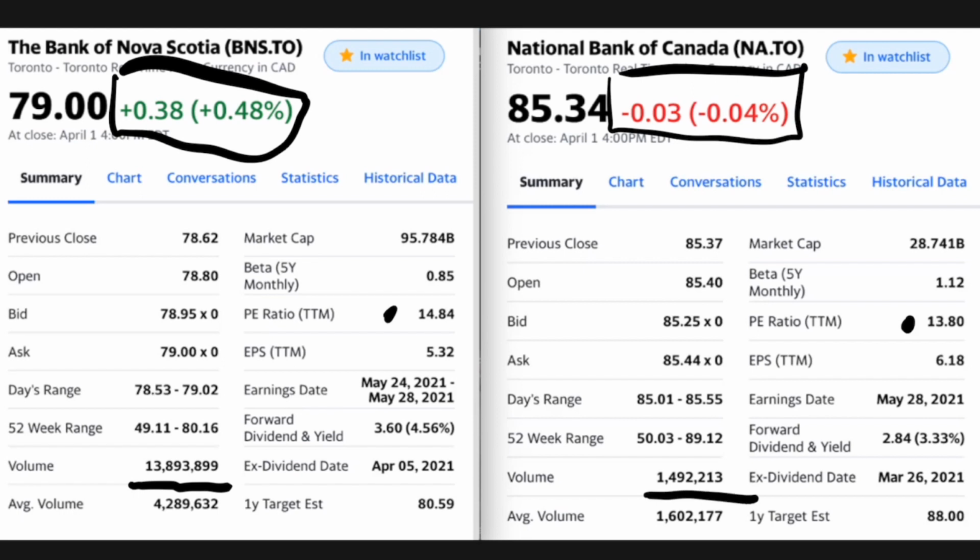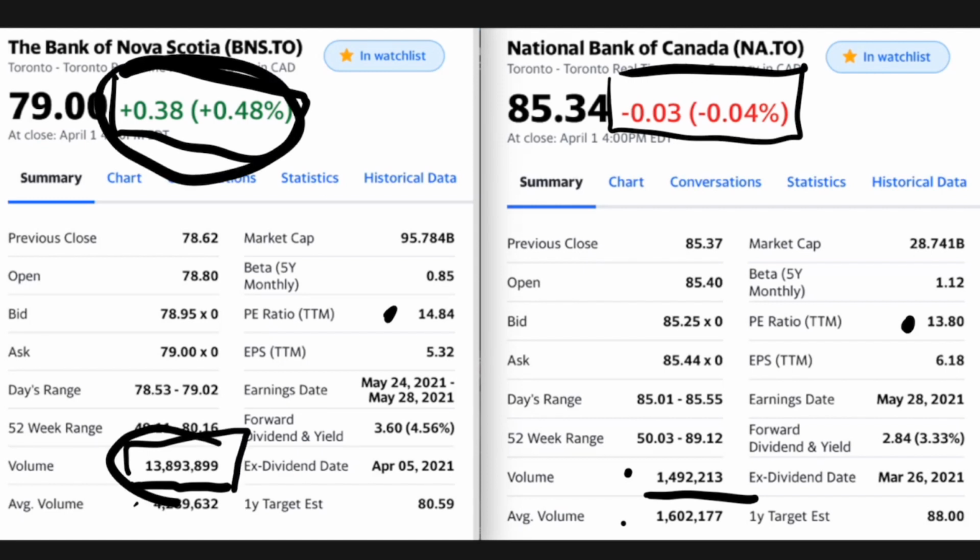The volume of Bank of Nova Scotia was 13.9 million shares traded that day, with an average trade volume of 4.3 million shares. Meanwhile, the National Bank of Canada had 1.5 million shares traded that day, with an average volume of 1.6 million. This right here is the reason why this stock went up.